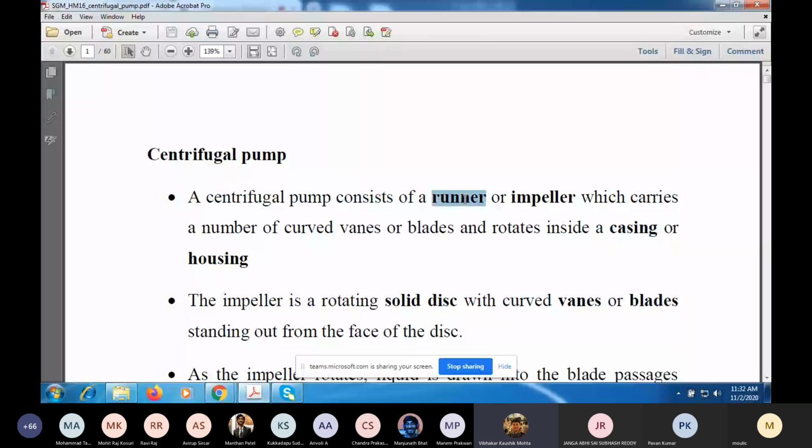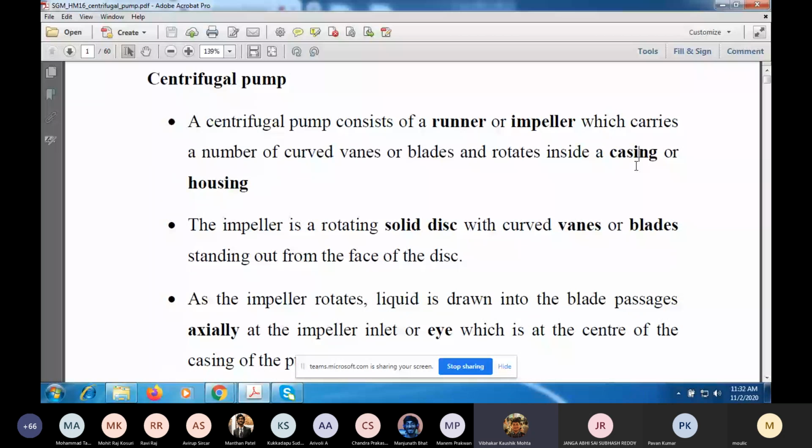So this impeller carries a number of curved vanes or blades, and it rotates inside what you may call a casing or housing. So the impeller itself is a rotating solid disc with curved vanes or blades standing out from the face of the disc.